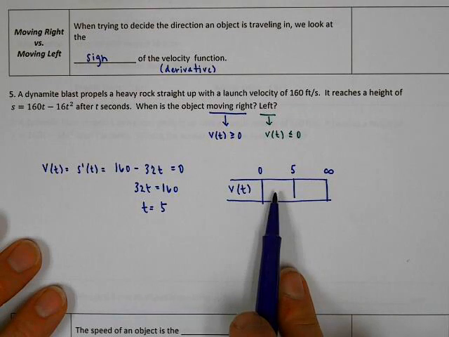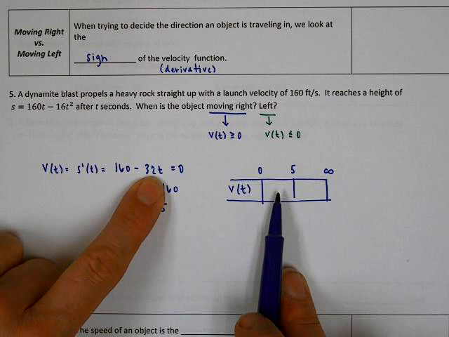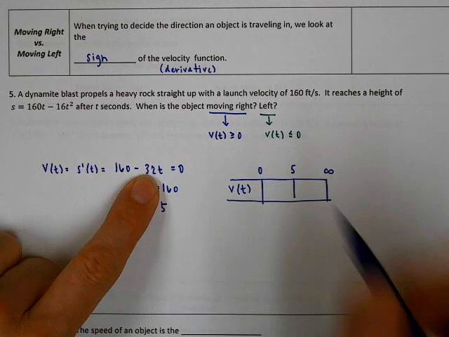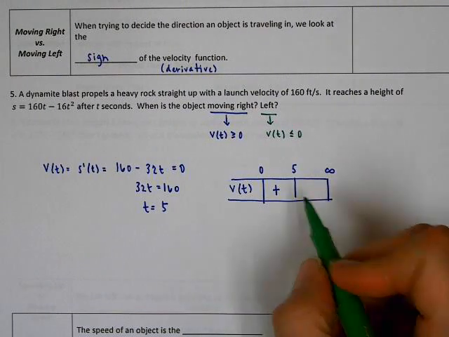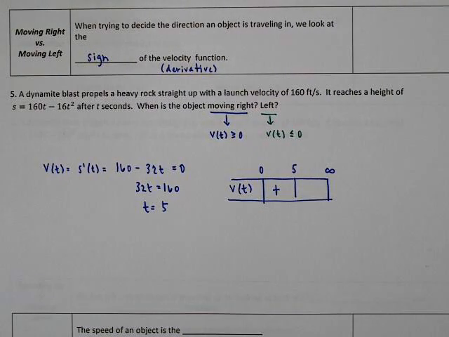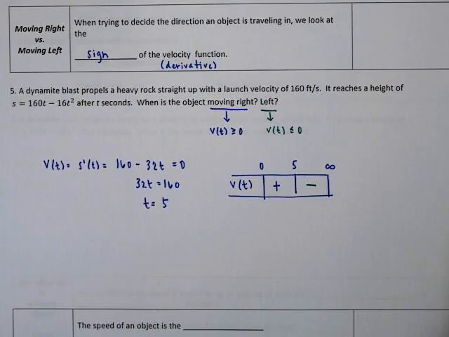So if I plug in a positive 1 here, that's going to give me a positive value. Now if I think of plugging in 6, 160 minus 32 times 6, that's going to give me a negative value.